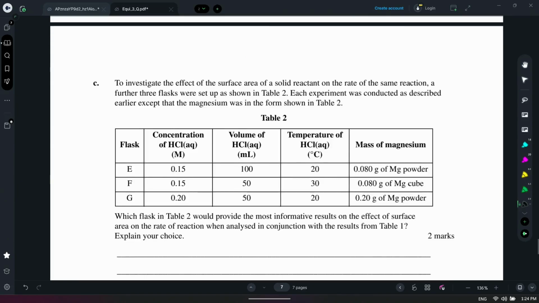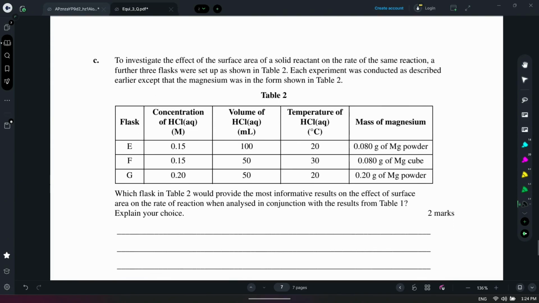Now, if you look at the next question, it's an interesting question. You just need to use your knowledge of rate of reaction. Okay, let's have a look at this question here. Part C. To investigate the effect of surface area of the solid reactant on the rate of the same reaction, a further 3 flasks were set up and conducted as described.